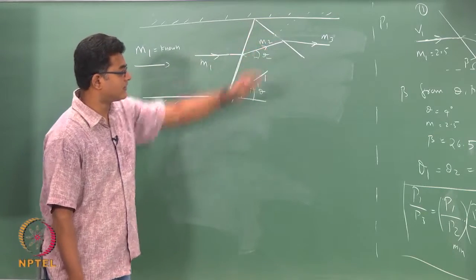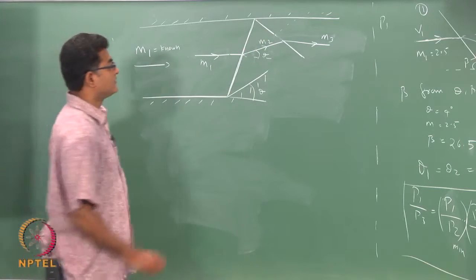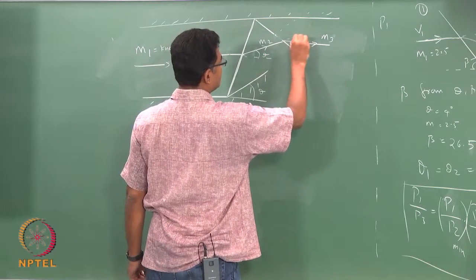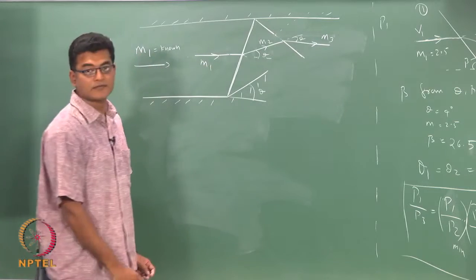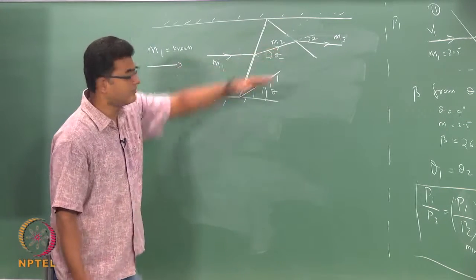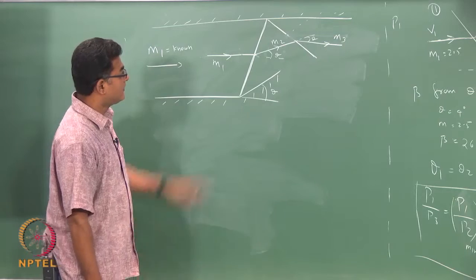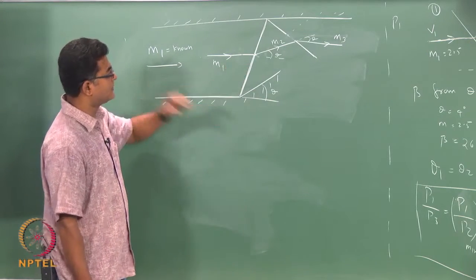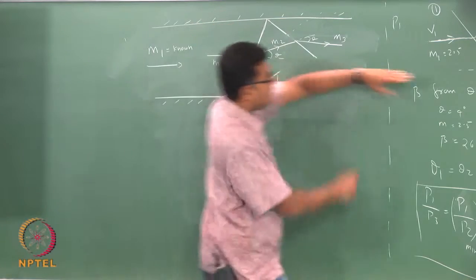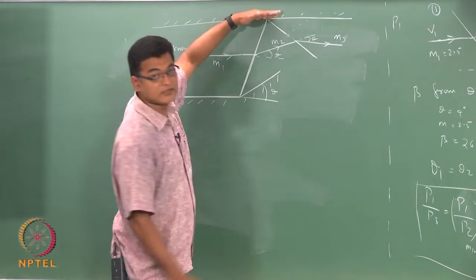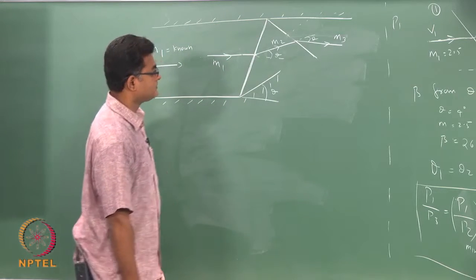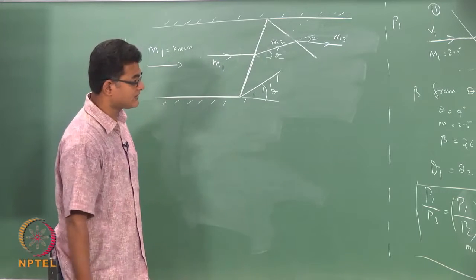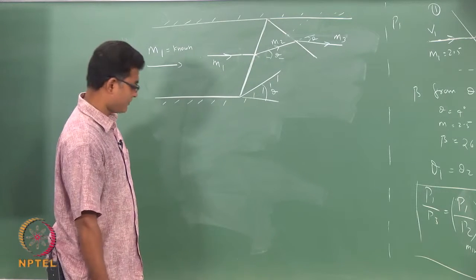Its theta reflected value is the same. So, this deflection is the same as what you have here. Okay. So, from the same deflected value, you can find it from the same procedure that we have done. It is exactly the same problem, except that whatever we have done here, it is on the top side. So, it is the same problem. Okay, so, you can evaluate M2 and M3 as we have done before.